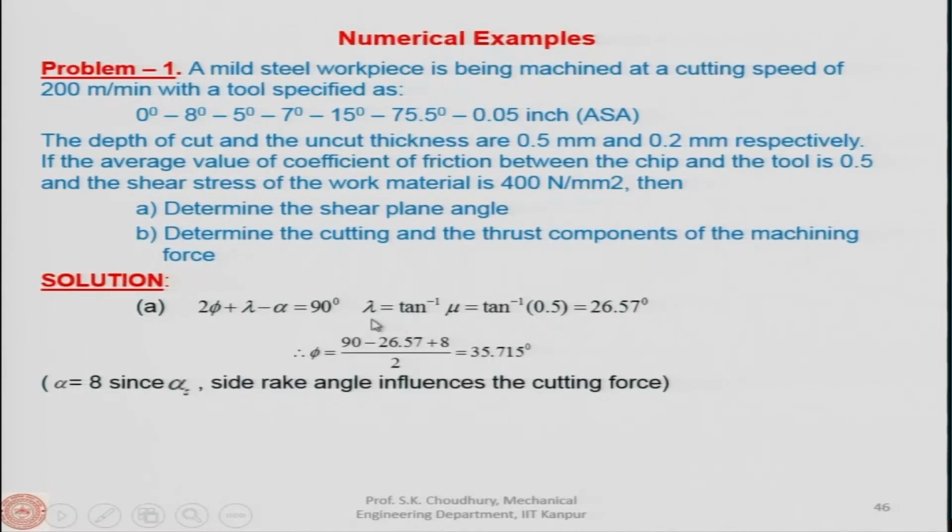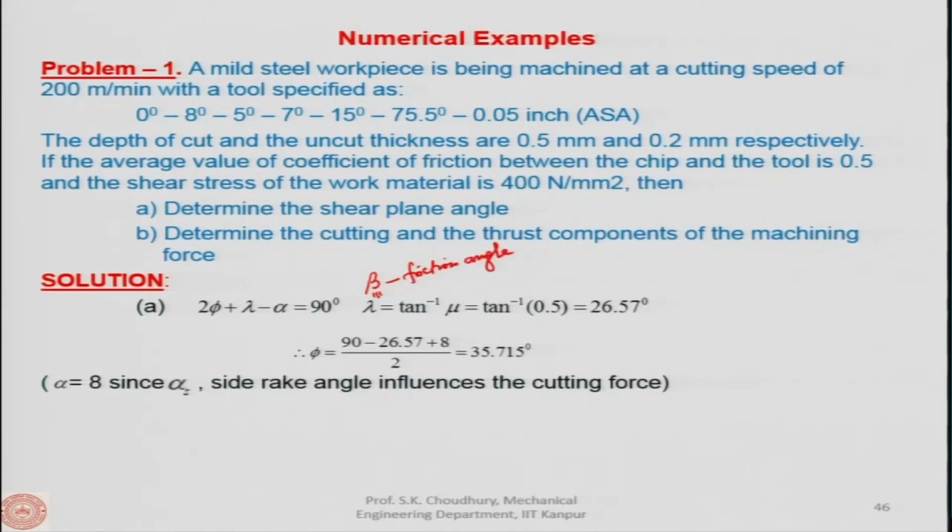Here lambda can be found because the average coefficient of friction is given as 0.5. Lambda is what we showed as beta there; this is the friction angle.